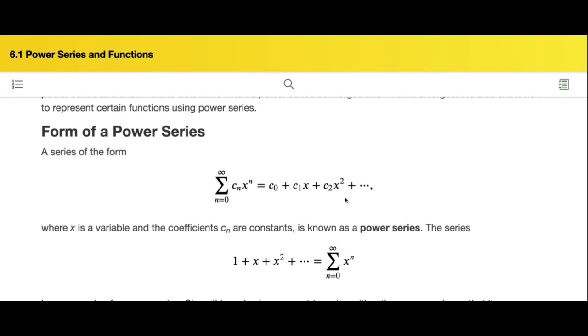Looks like a polynomial function, right? But a polynomial function is a polynomial of degree n. We have a leading term. We have finitely many terms. But with a power series, we do not have a leading term. The terms keep going. So this is an infinite polynomial.